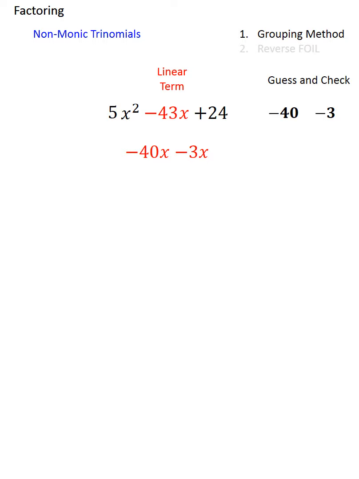But why would I want to go the other way? Why would I want to turn one term into two terms? Because if I then include my quadratic and constant terms from the original problem, I've now turned this factoring problem from a three-term problem, or a trinomial, into a four-term problem. And as messy as that seems, that's going to allow me to factor this by grouping.